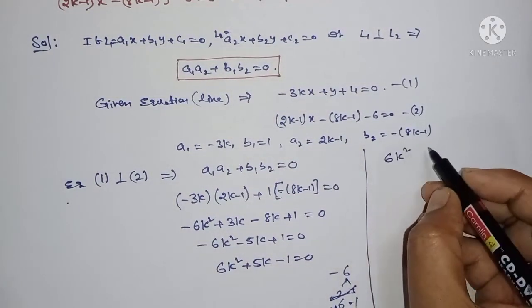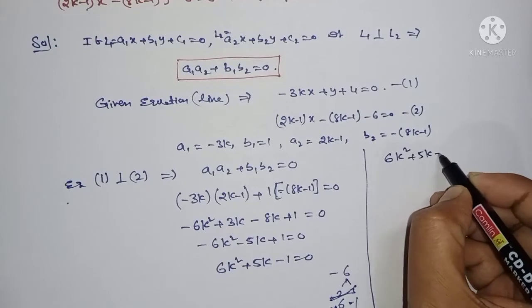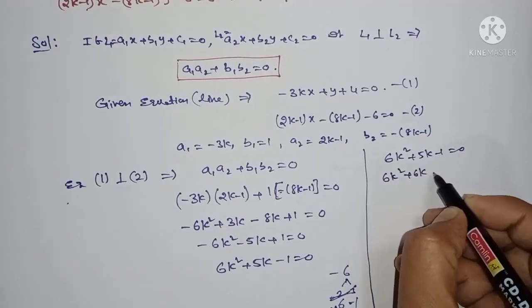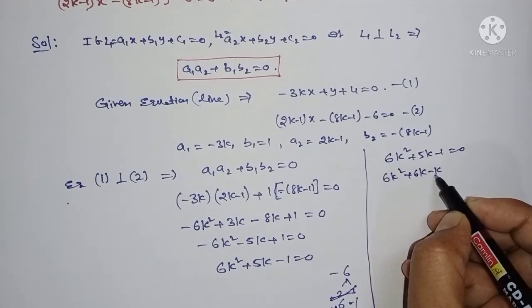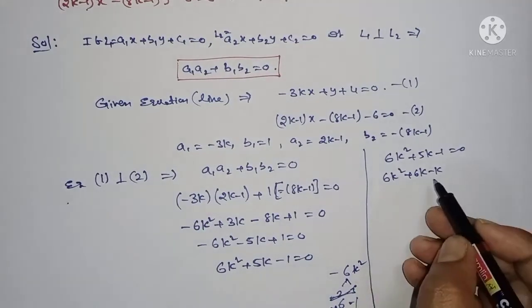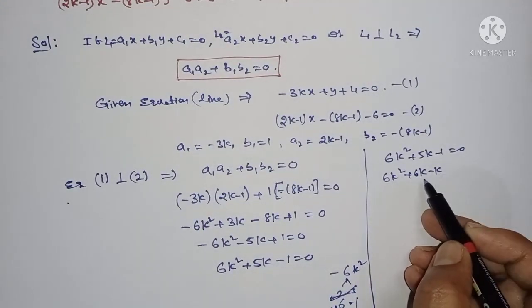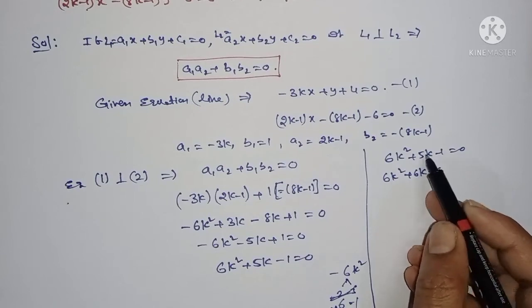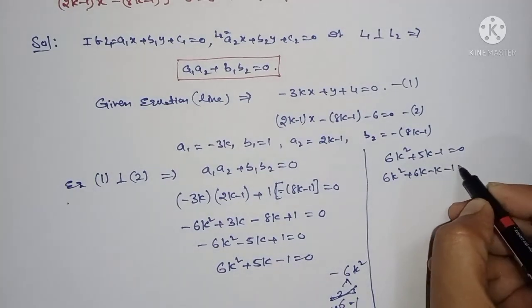How can I write here? 6k square plus 5k minus 1 is equal to 0. I can write here plus 6k minus k, because this is minus 6k square. Adding these terms, plus 6k minus k is nothing but plus 5k, minus 1 as it is.